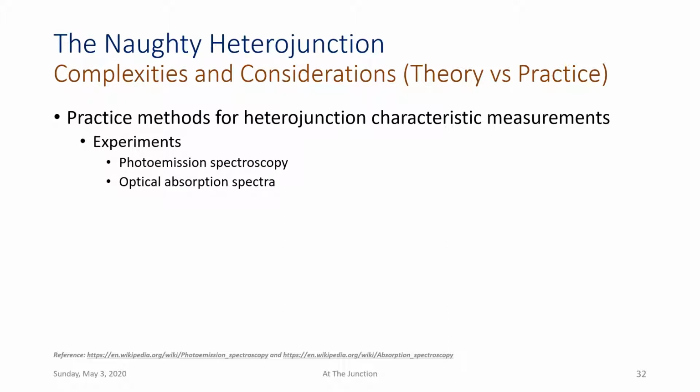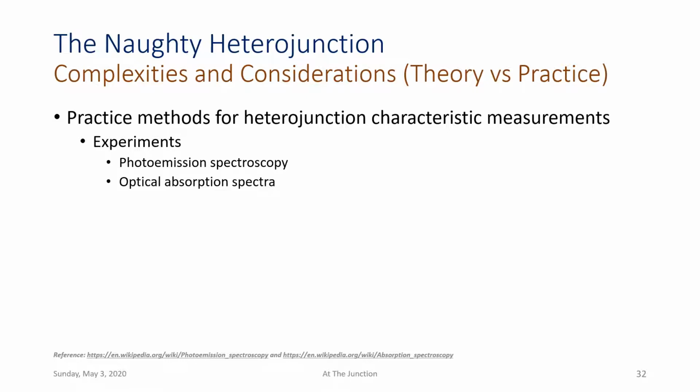The most common experiments are photoemission spectroscopy and optical absorption spectra to figure out the values and parameters that would show how the bands line up at the junction. And obviously these values help in forming a more accurate shape of the heterojunction.